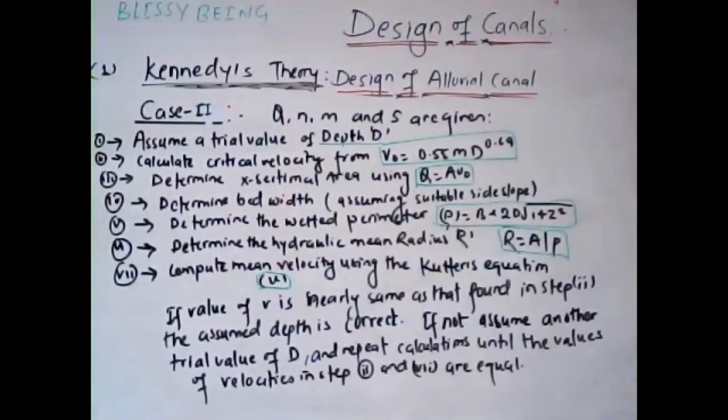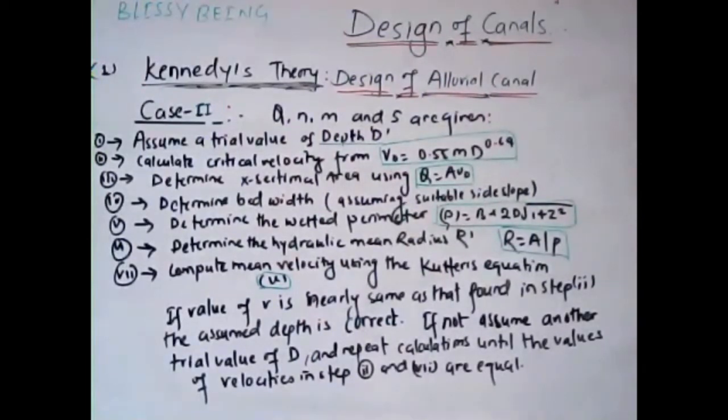Assume a trapezoidal section and put A equals BD plus ZD squared.